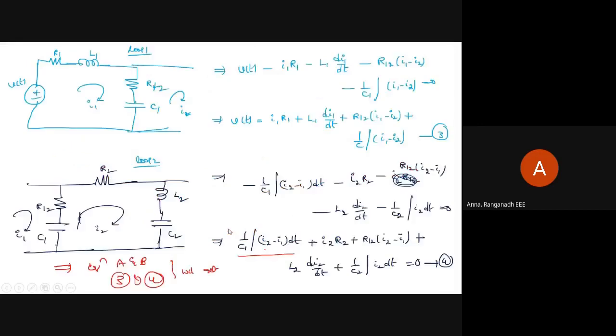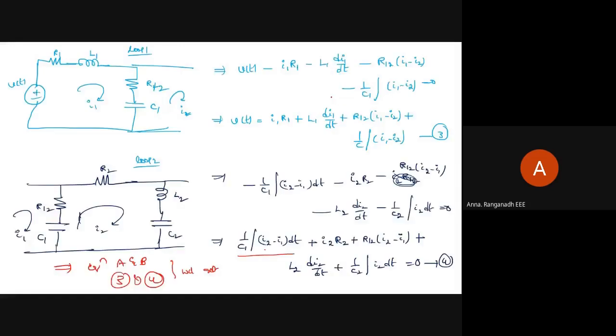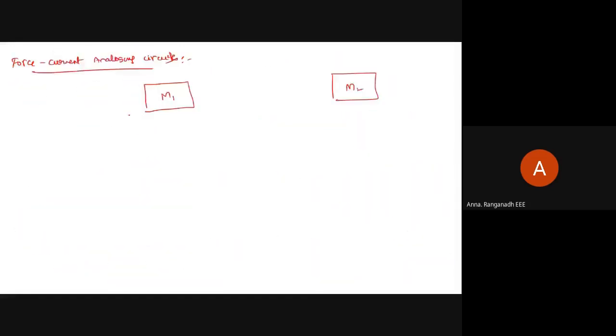So now let's move to the force current analogous circuits. Here in the force current analogous circuit also, first we identify what are the elements strictly spent for M1 and what are the elements strictly spent for M2. Whatever we have discussed, the diagram will not change.